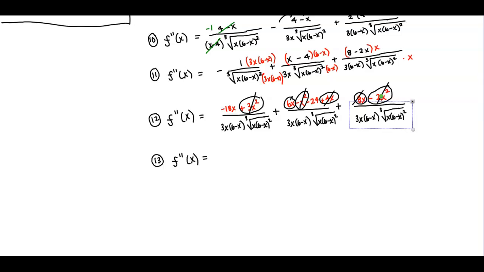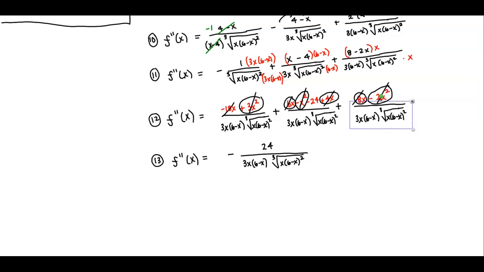When we add those with the negative 18x, those also eliminate. And so the only thing we have left is negative 24. So we have negative 24 all over 3x times (6 minus x) times the cube root of x times (6 minus x) squared.